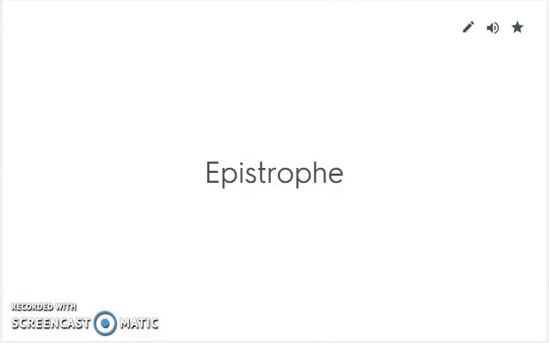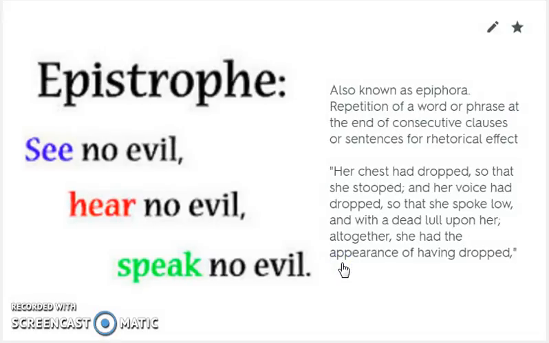Epistrophe. Epistrophe, also known as epiphora, is the repetition of a word or phrase at the end of successive clauses or sentences for rhetorical effect. "Her chest had dropped so that she stooped, and her voice had dropped so that she spoke low, and with a dead lull upon her altogether, as she had an appearance of having dropped."